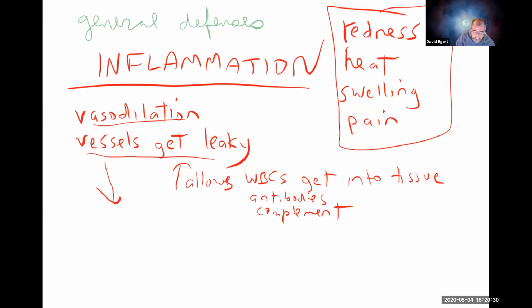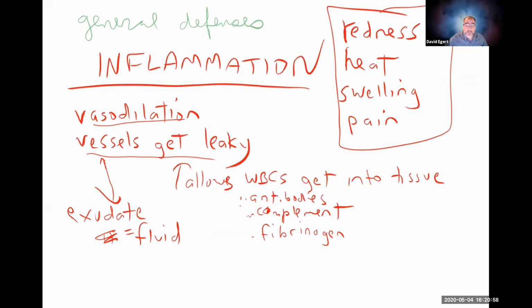The fluid that's leaking out of the vessels is called exudate. That has the antibodies, has the complement. Another plasma protein that is in this exudate that is going into the tissue is fibrinogen, which we've met already.